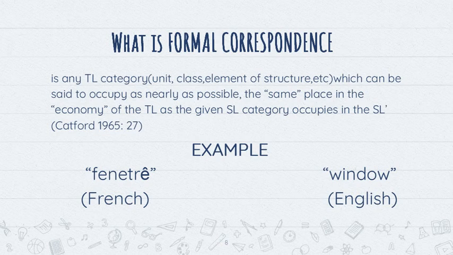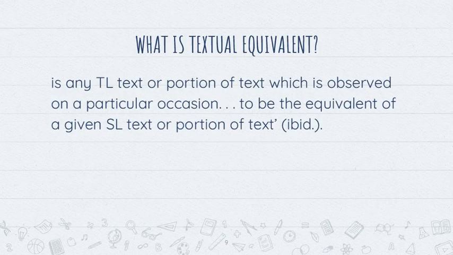On the other hand, a textual equivalent is any TL text or portion of text which is observed on a particular occasion to be the equivalent of a given SL text or portion of text.